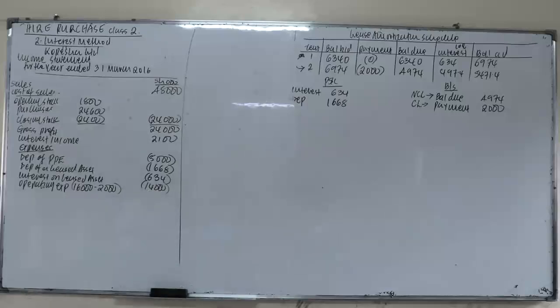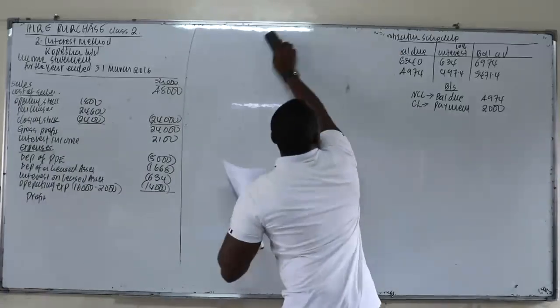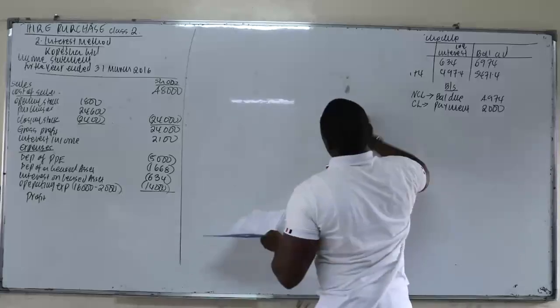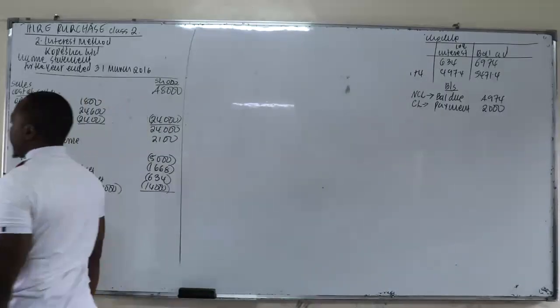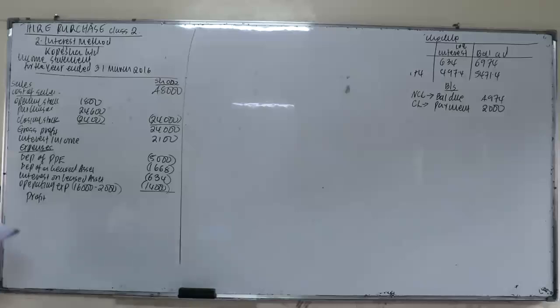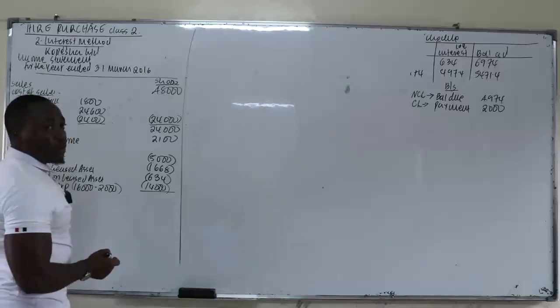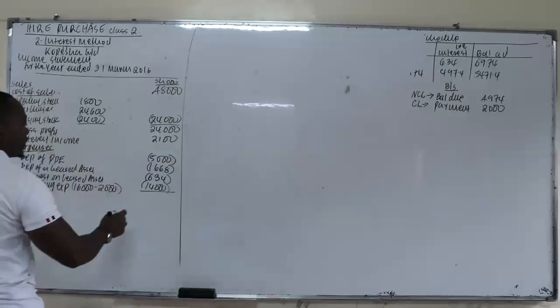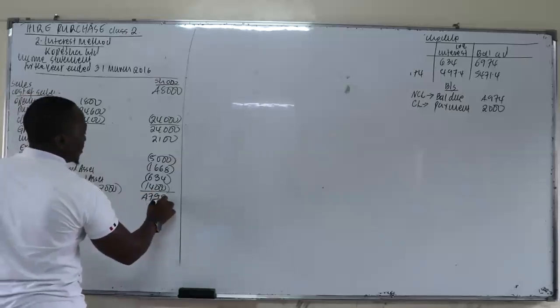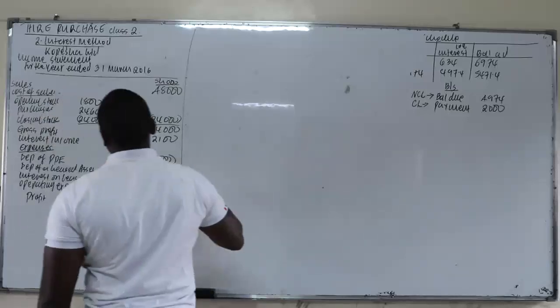So I don't think we have any other expense. So now give me the profit. 798.